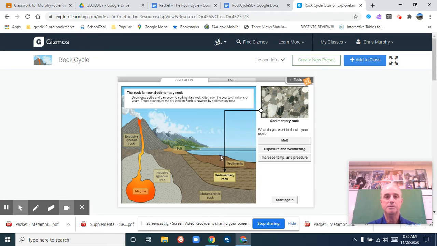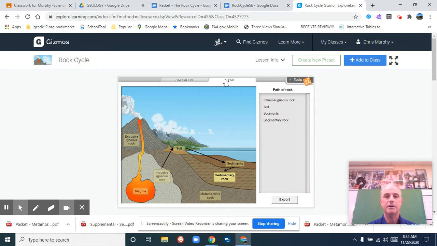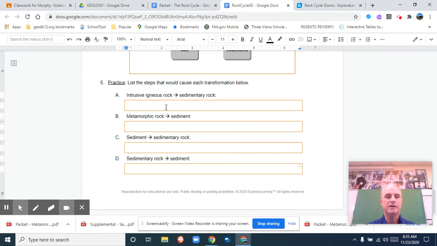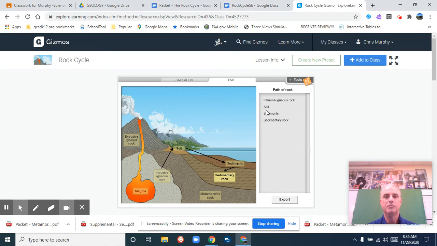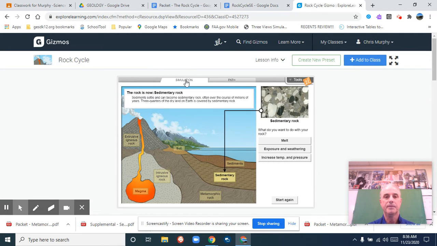What you can do with the Gizmo is look at your path, and it says intrusive igneous rock to soils to sediment to sedimentary rock. It asks us to list the steps which cause each transition below. So igneous rock, in this case, we break down into soil. Let's take a look at this again.